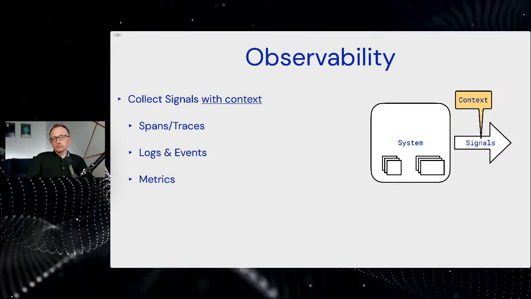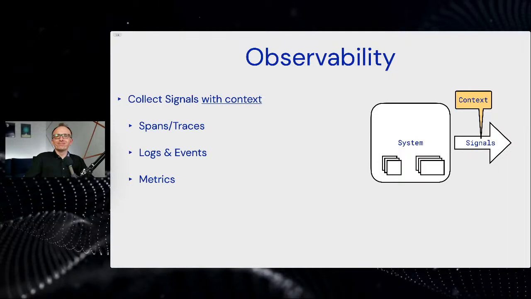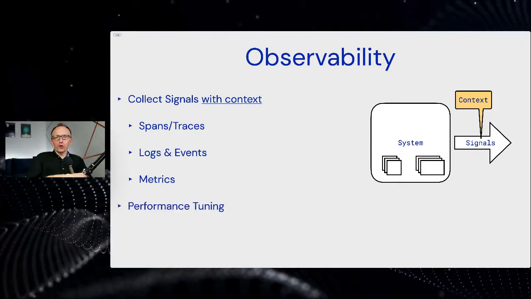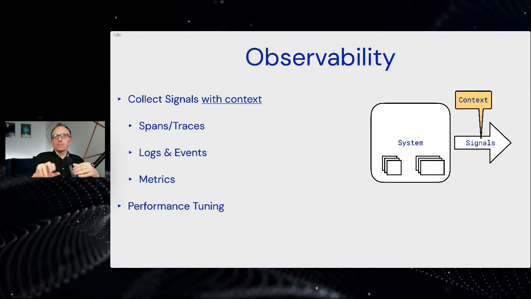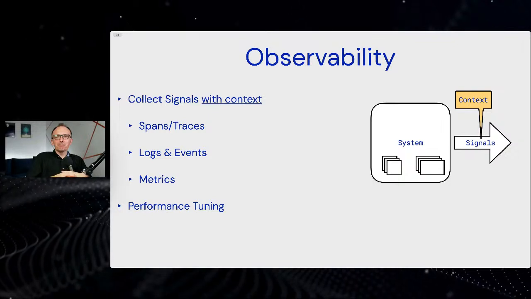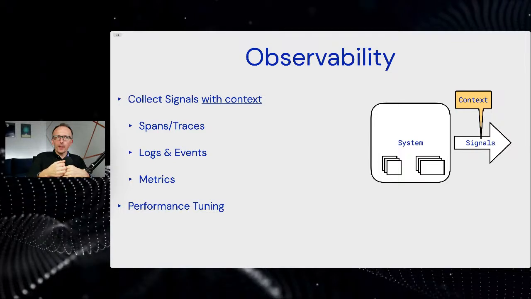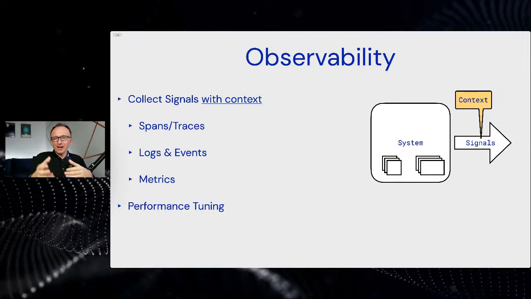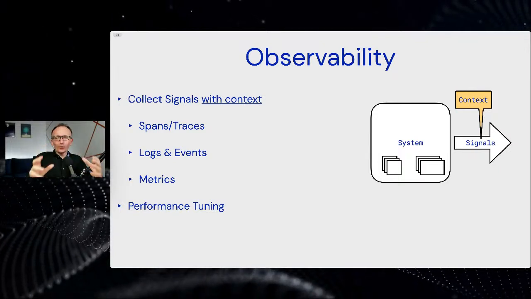And of course, metrics that we can use for performance tuning, or actually to keep our system fast enough, or at least to track down bottlenecks, which will always be somewhere.